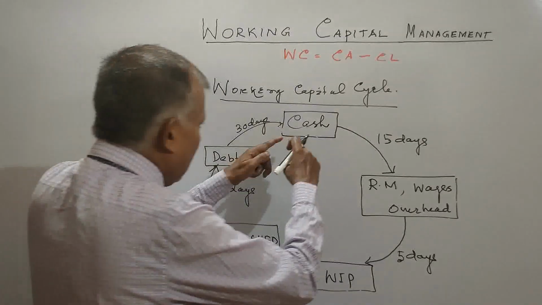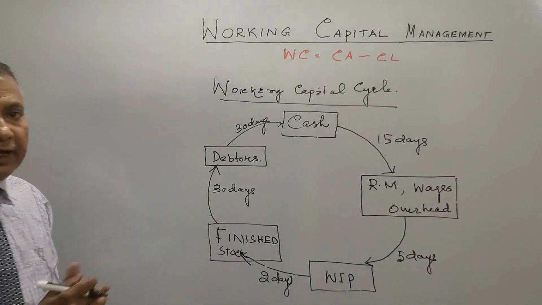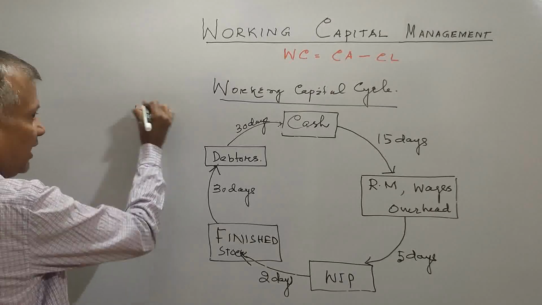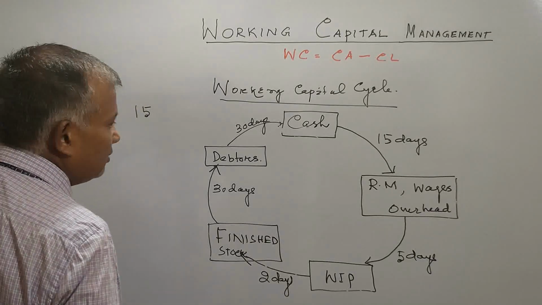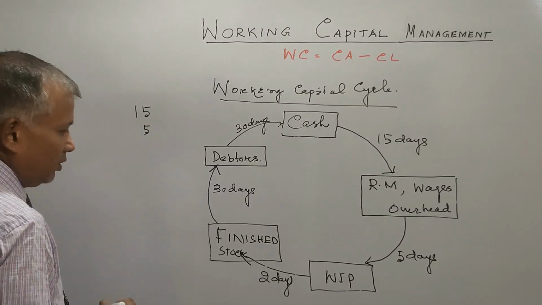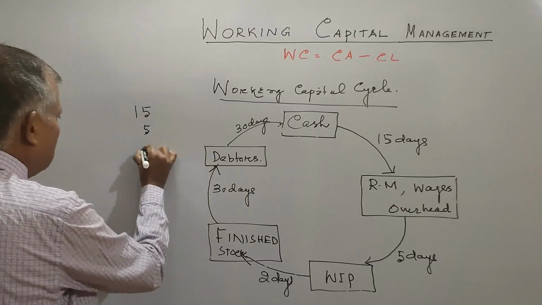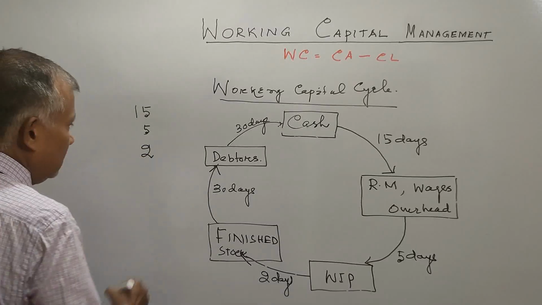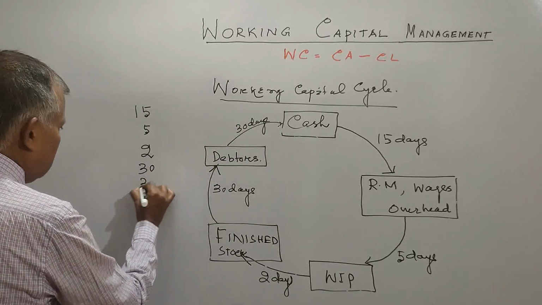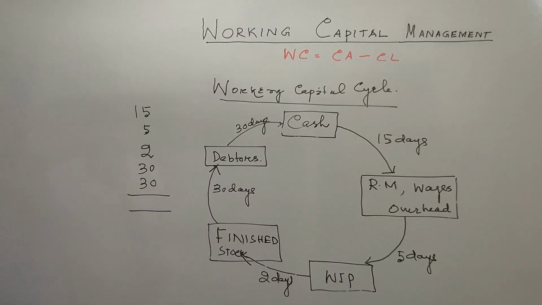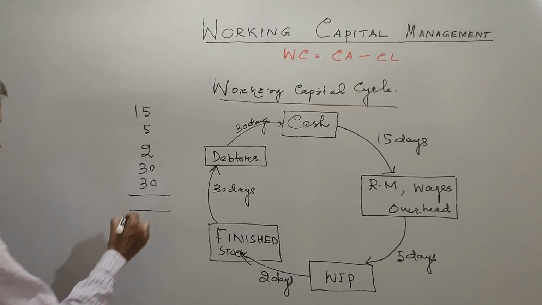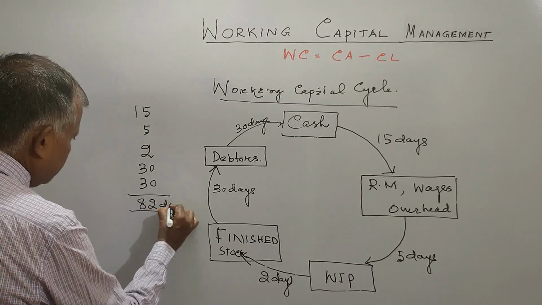So how much time is required for a complete cycle? 15 days from cash to raw material, wages, overhead payment. Then 5 days for work in progress, 2 days for finished stock, 30 days to sale and 30 days for collection. If we add all these, this is 82 days.